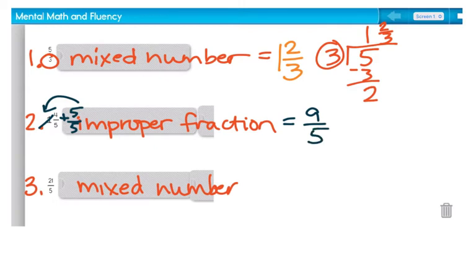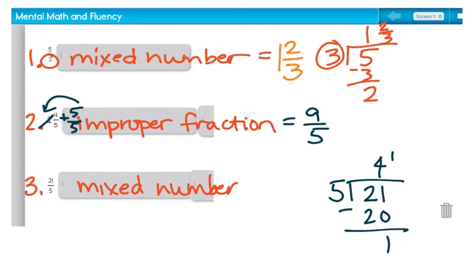And 21/5, how many 5s are there in 21? Well, there's 4 and a remainder of 1. The remainder becomes the numerator. The denominator does not change. So 21/5 is the same as 4 and 1/5.